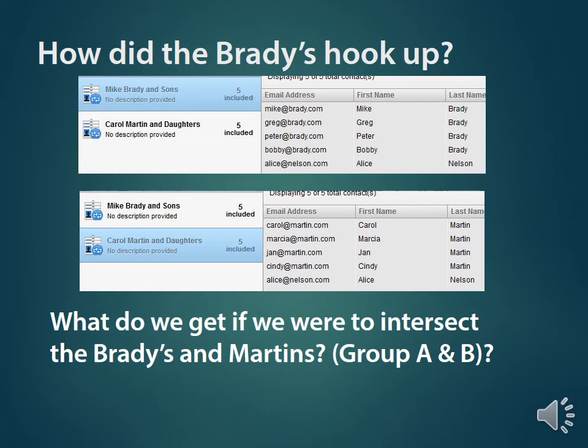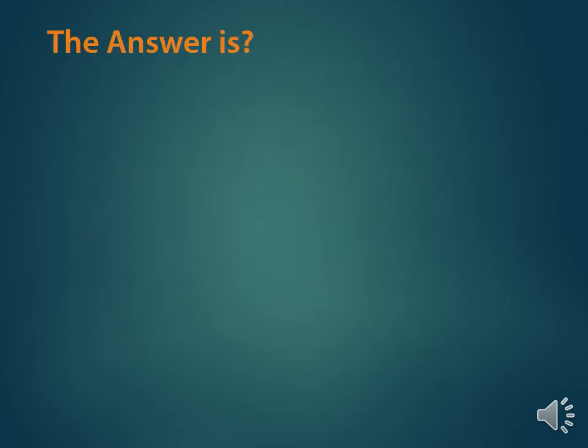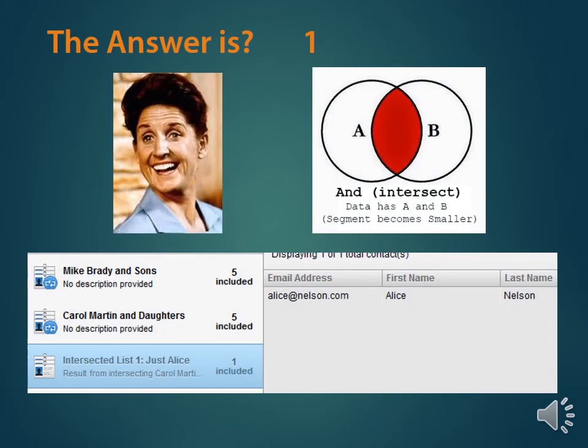When you use "and," it says which one has the characteristics of both groups. I know you already know the answer, but which one between these two groups, if I were to intersect them, is common? Well, the answer is one, just Alice Nelson. She's the one that is in this group, and she's in this group.